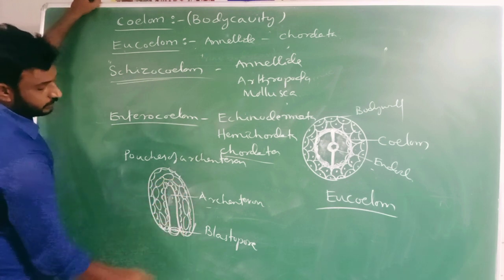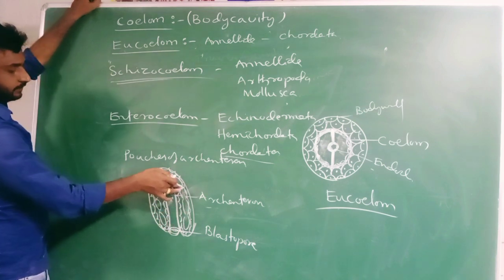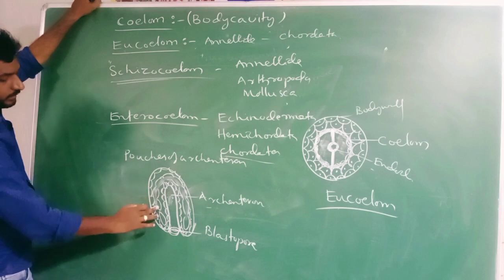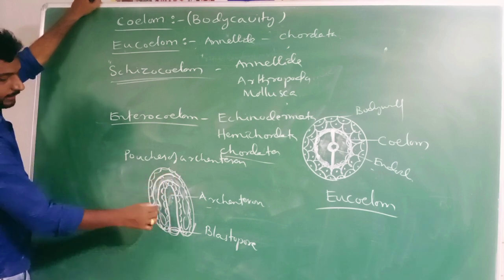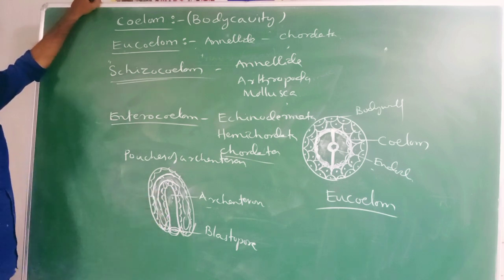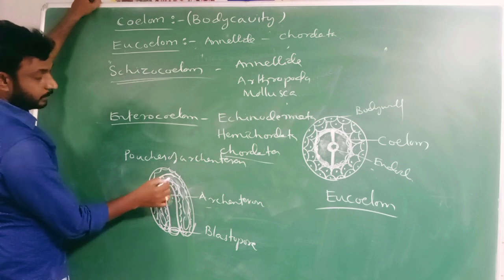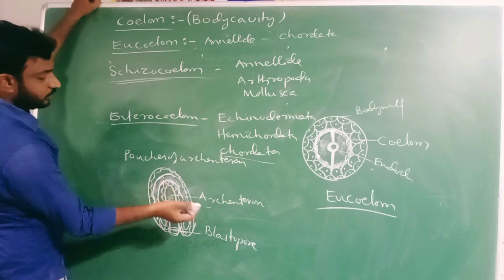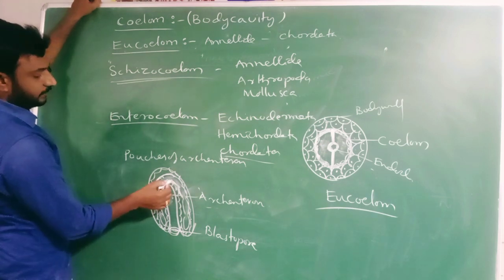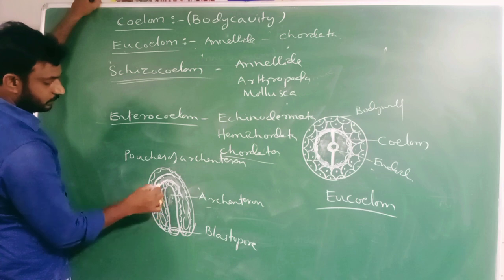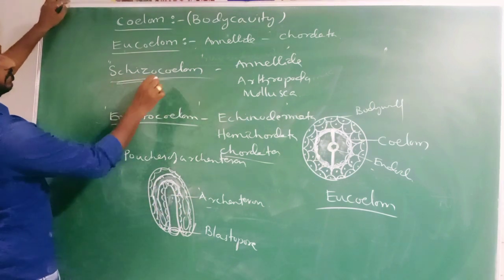By the fusion of all these pouches, two layers are formed: the outer parietal layer and the inner visceral layer. These pouches are fused to form a cavity between the gut and body wall, so it is called enterocoelom.